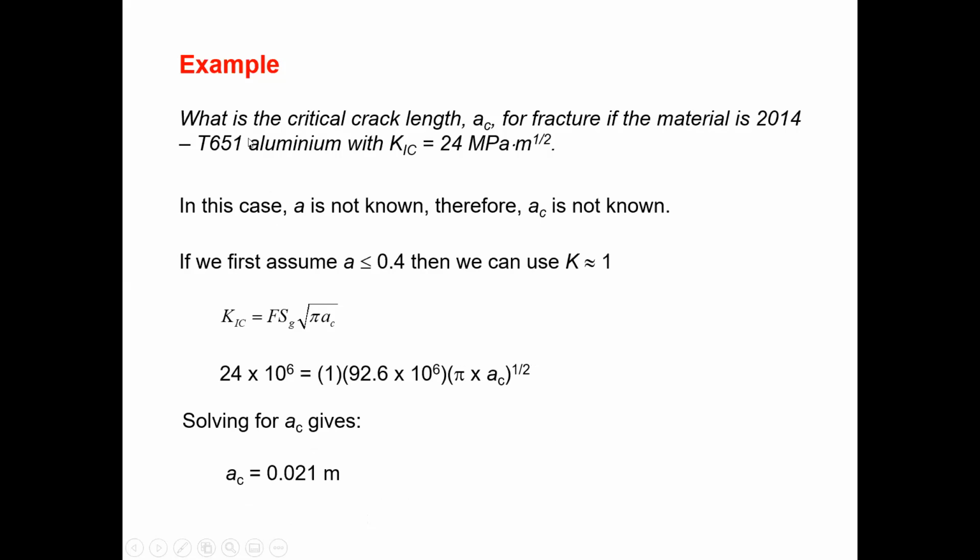And then what is the critical? This is the third question. What is the critical crack length? The critical crack length is normally labeled as a_c. For fracture, normally they will provide the material, so KIC they provide. This is the critical stress intensity factor, KIC.